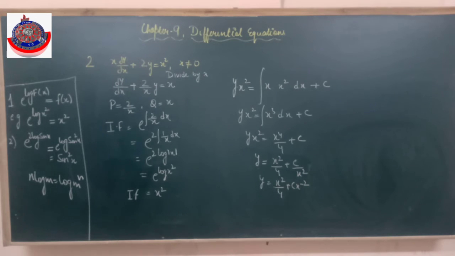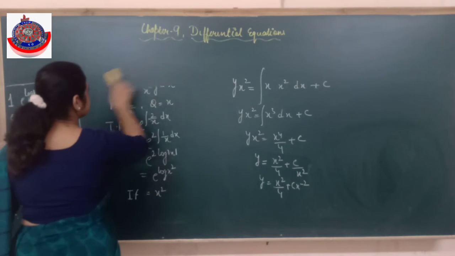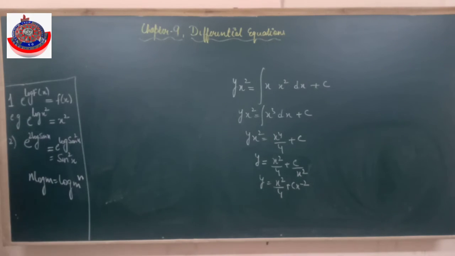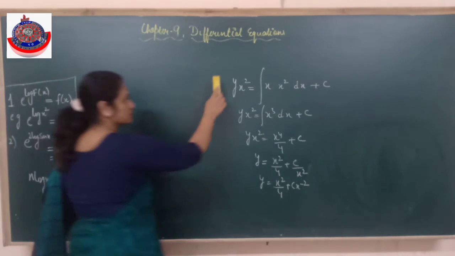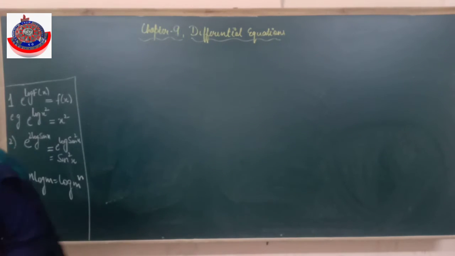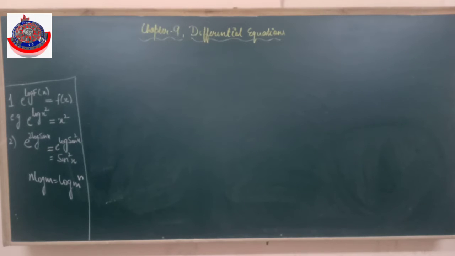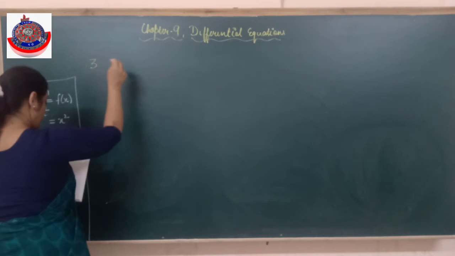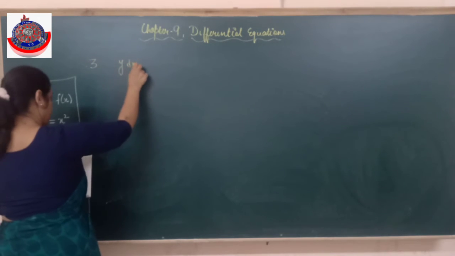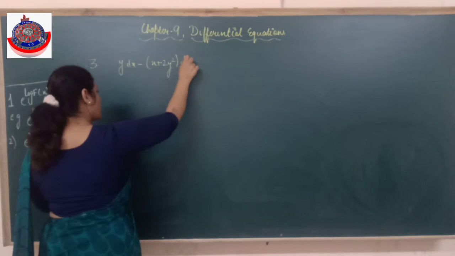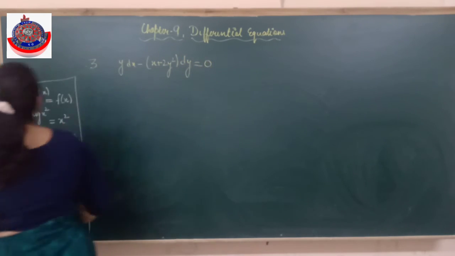Alright, let's pick up the next example. Find the general solution of the differential equation y dx minus (x plus 2y squared) dy is equal to 0.